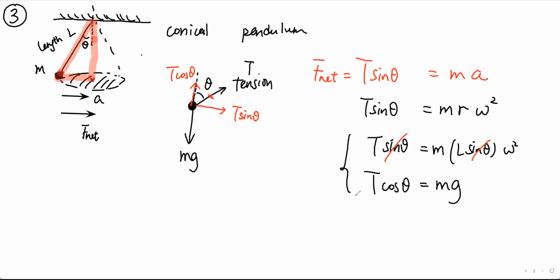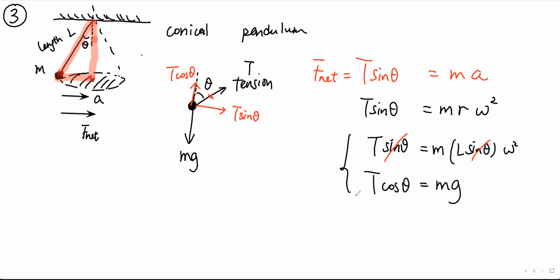These two forces will balance each other, such that the net force points towards the center of the circle. And now, it's quite intuitive that the larger the speed, or the larger the angular speed, the larger the angle. But it's not that simple to look at this result from these two equations.